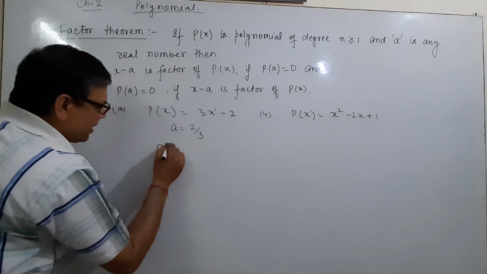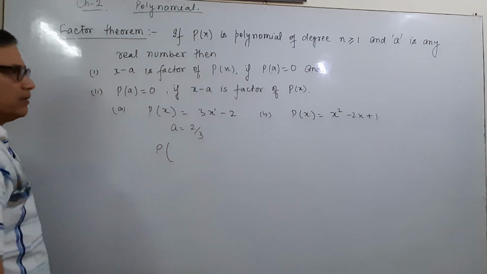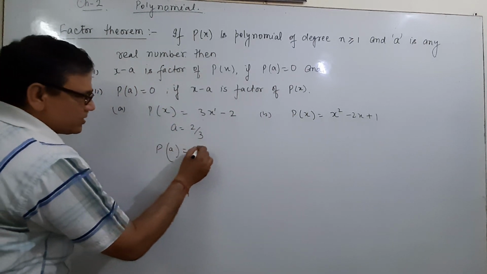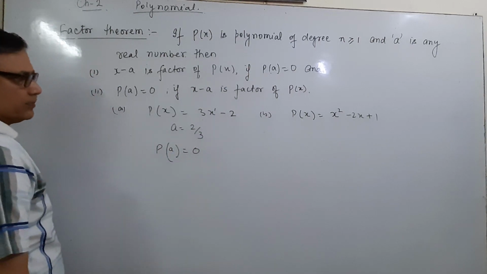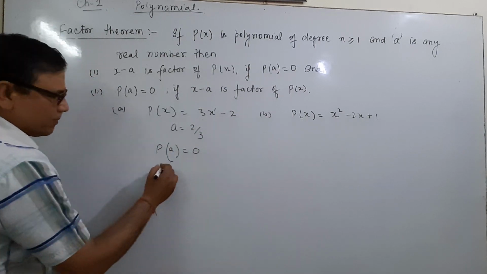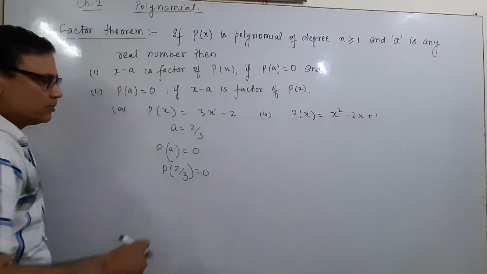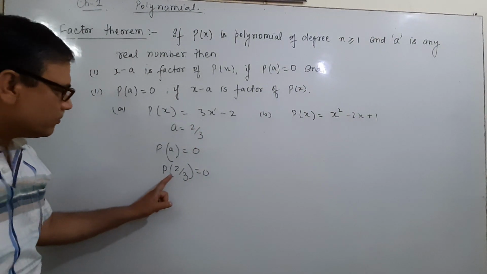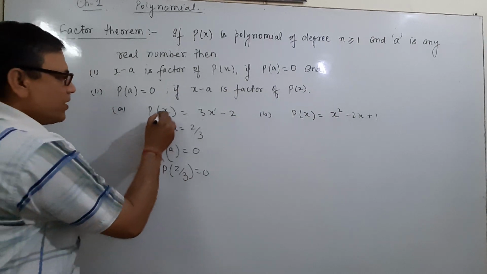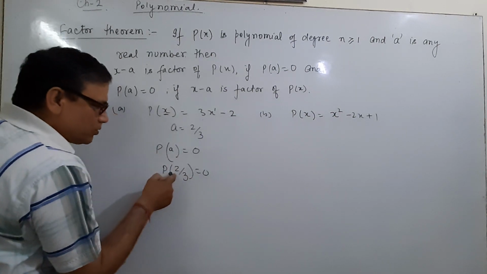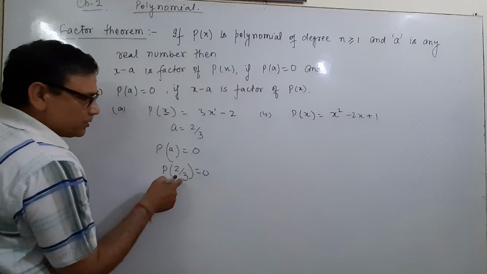It means P(A) = 0, so P(2/3) = 0. We have to put the value x = A = 2/3.